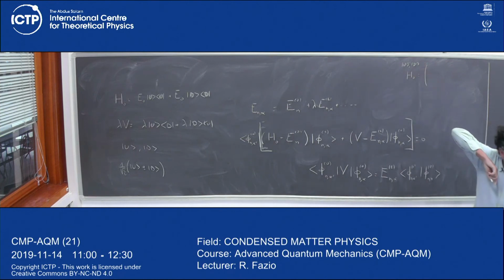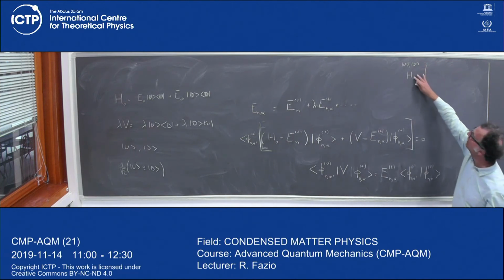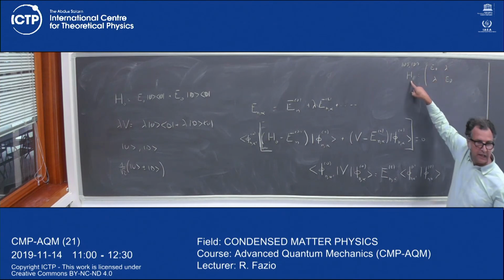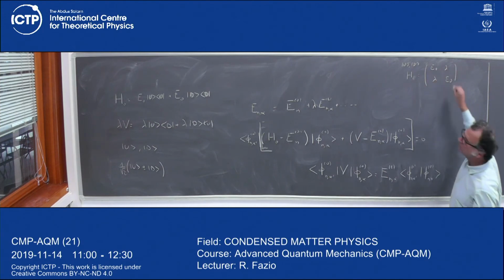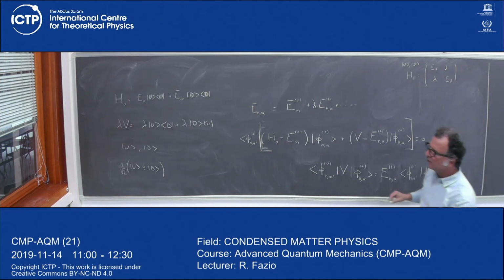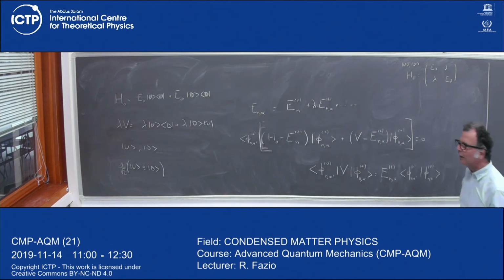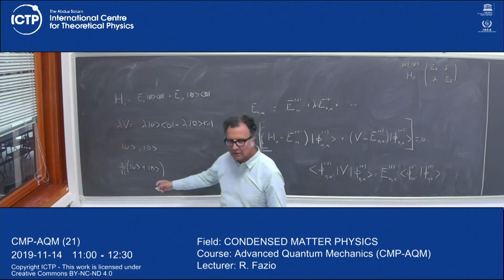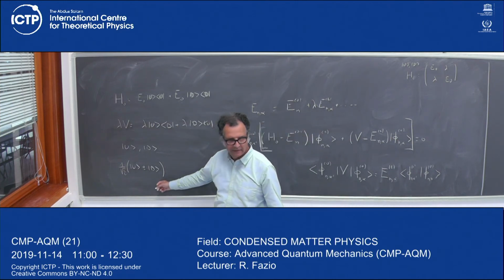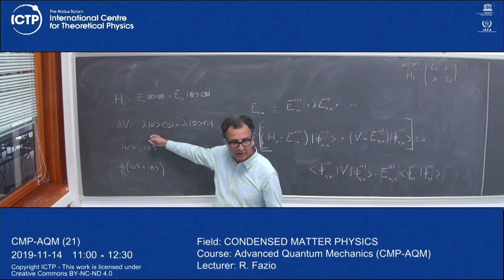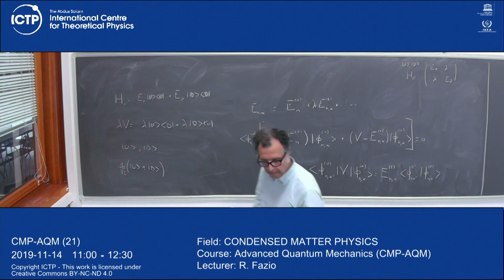If I use H, this will be E0, E0 on the diagonal, and lambda, lambda off the diagonal. I'm writing H, not H0. Lambda V, these are the matrix elements, so it's lambda. Now, try to write down H0 plus lambda V using this basis.